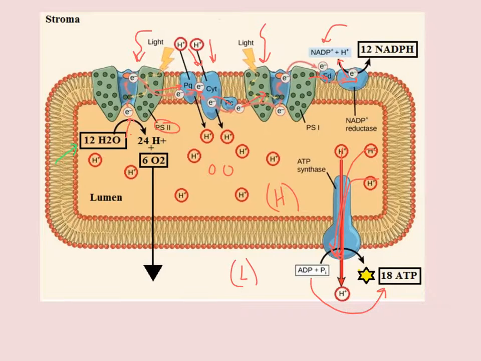Well, it's really 12, but you don't need to know this, but it takes 12 NADPH in order to make one glucose molecule. To get 12 NADPHs, you're going to need 24 electrons because each NADP accepts 2 electrons and a hydrogen. So in order to get 24 electrons, you need 12 water molecules.